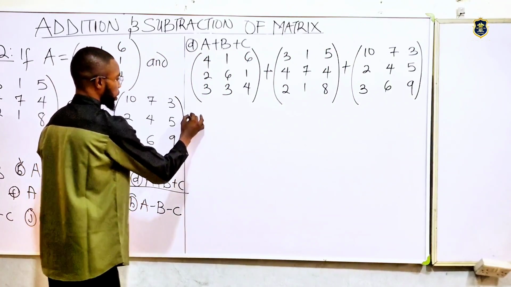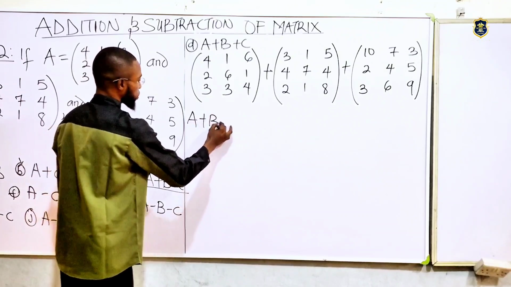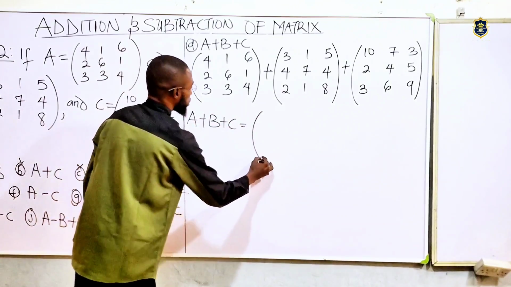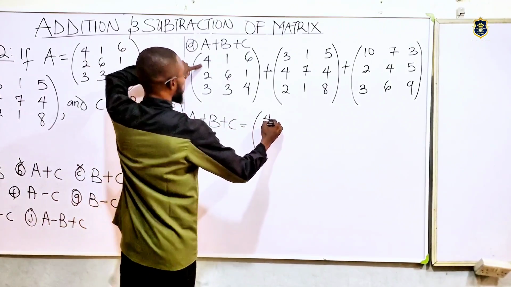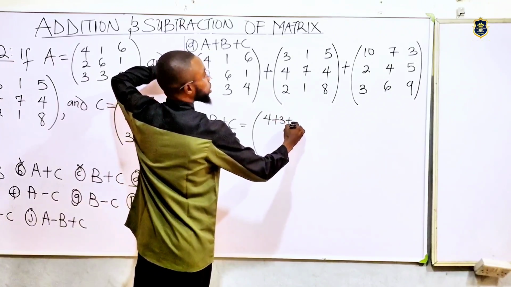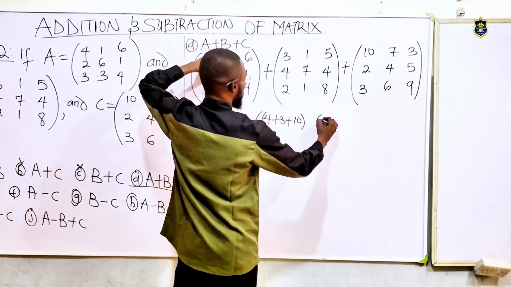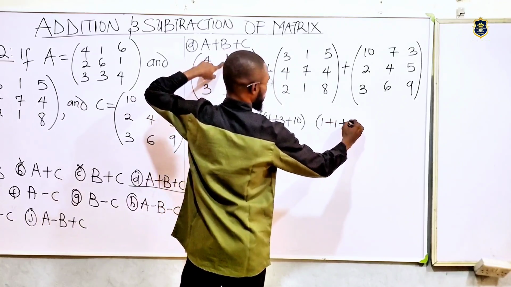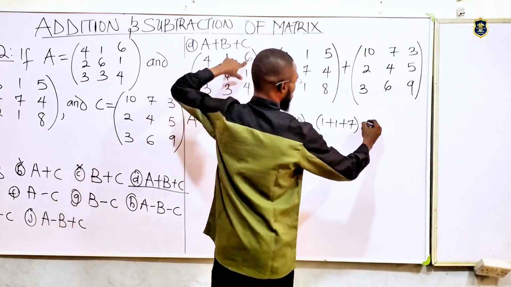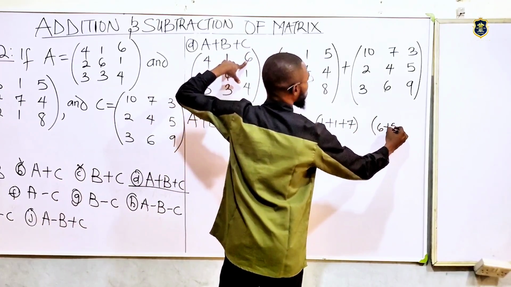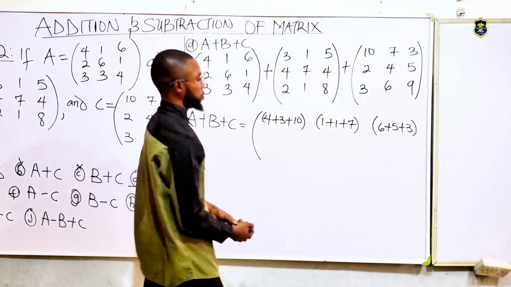Let's add. With that, A plus B plus C becomes 4 plus 3 plus 10, then 1 plus 1 plus 7, then 6 plus 5 plus 3.